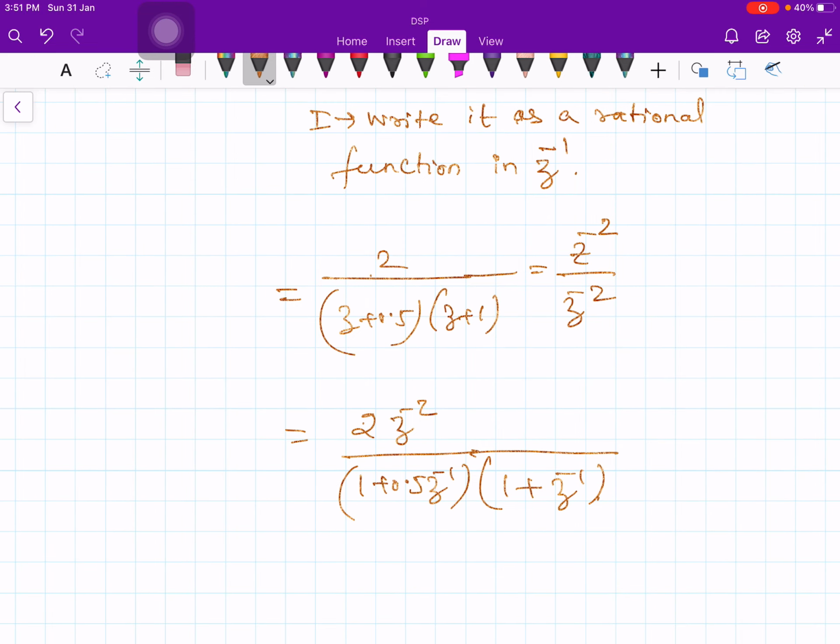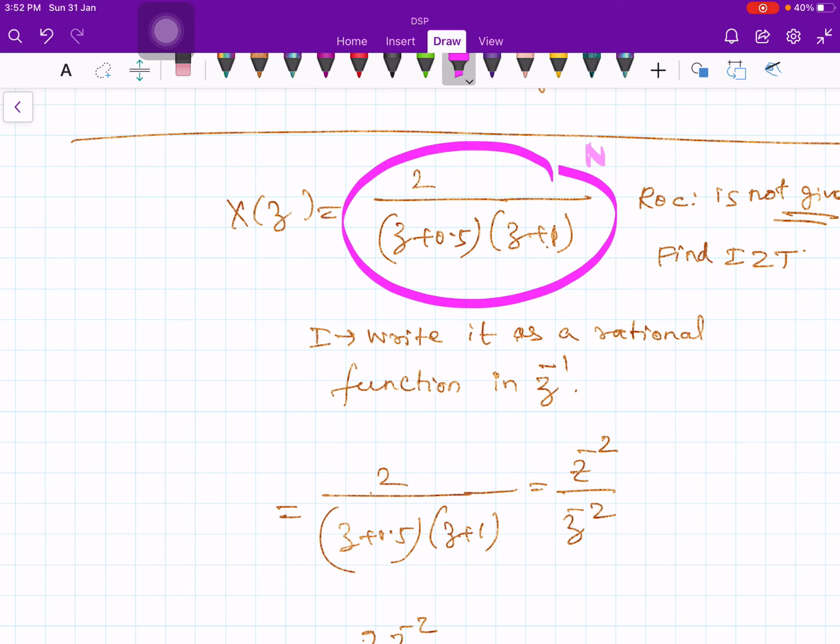Now you see here, in the original expression, the numerator degree is 0 and the denominator degree is 2, therefore 0 is less than 2. But if you rearrange in this form, then the numerator degree is 2 and the denominator degree is 2, right? If you write it as a rational function in z inverse, the numerator degree is equal to the denominator degree.